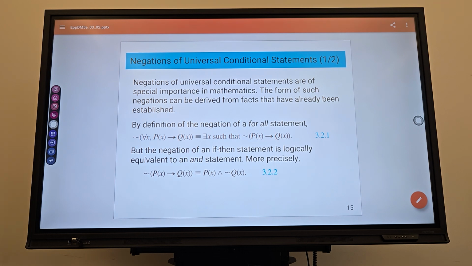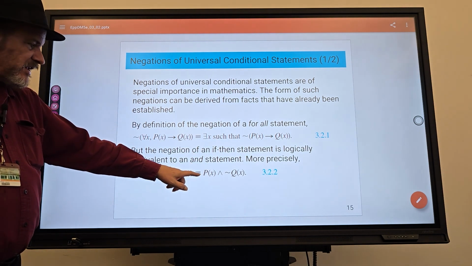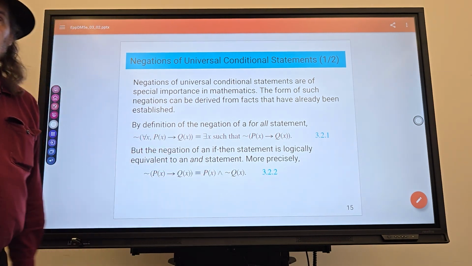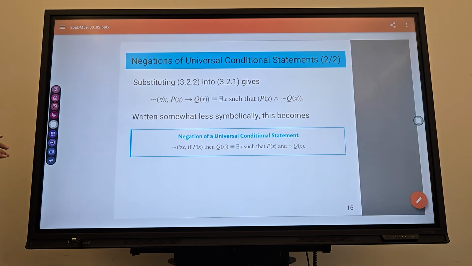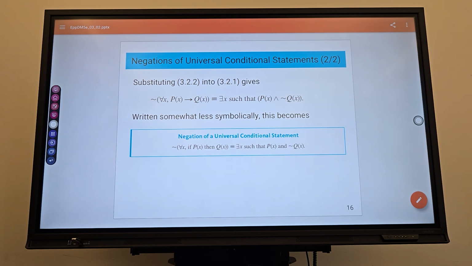So you could write it as there exists an x such that p of x and not q of x. That's the negation of the conditional that we learned in the last chapter. The negation of a universal conditional statement, therefore, is: there exists an x such that p of x and not q of x.